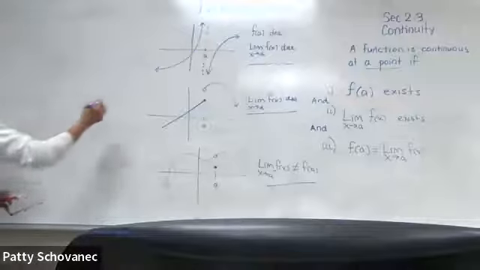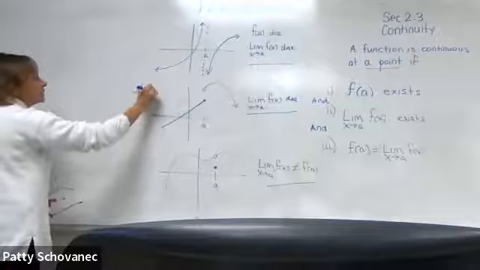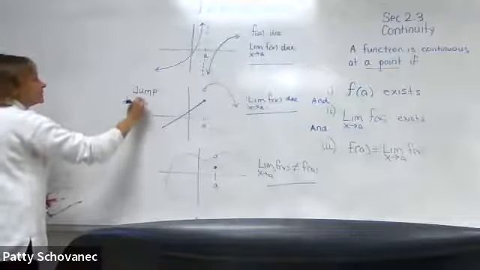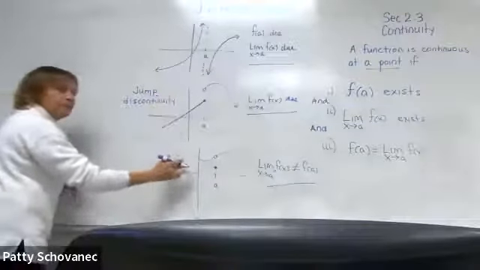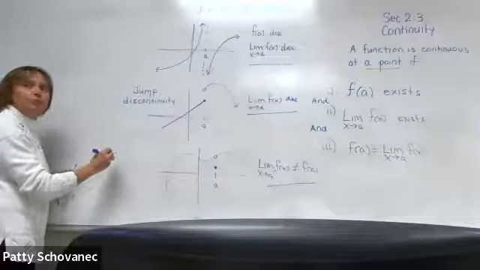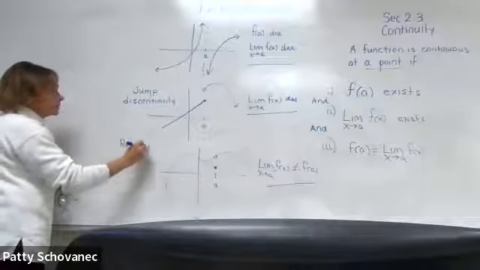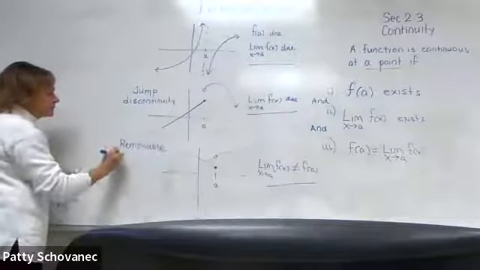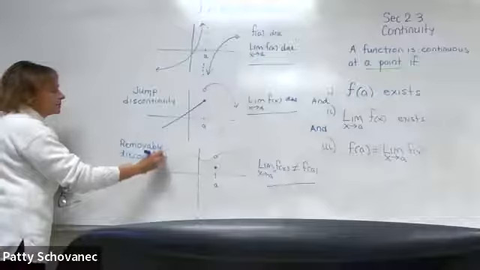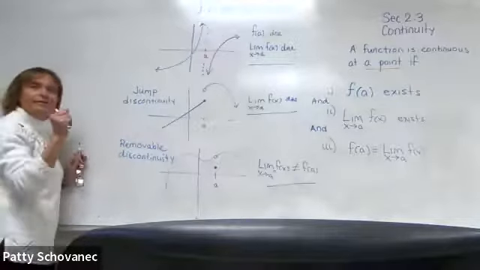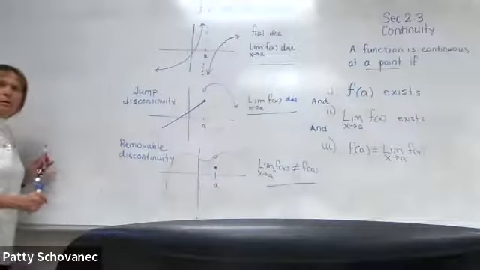So this type of discontinuity is called a jump discontinuity. This type of discontinuity is called a removable discontinuity. To remove it, we just redefine the function at that point, so we pick this point up and put it in that hole.